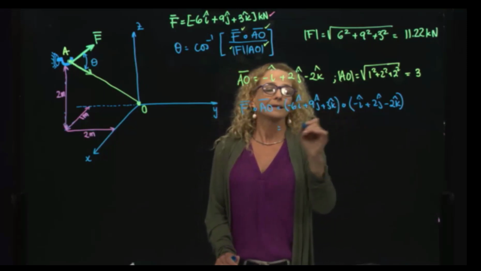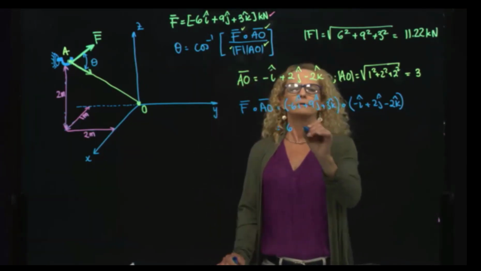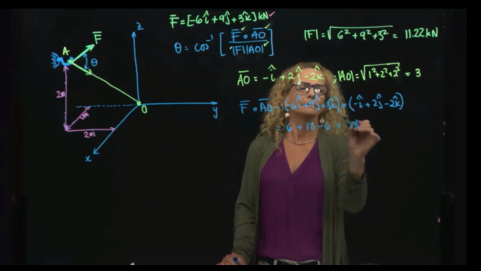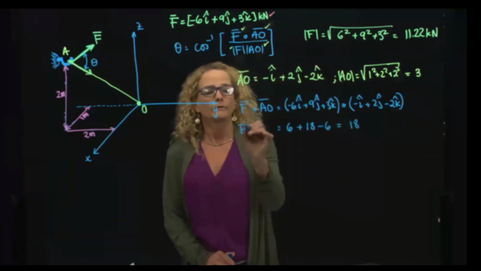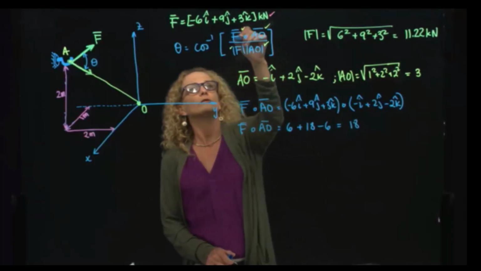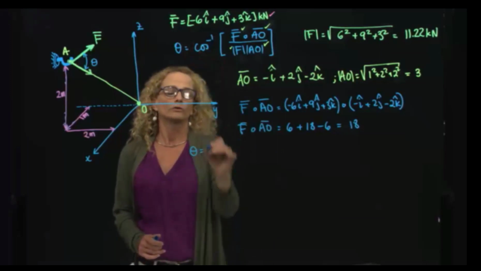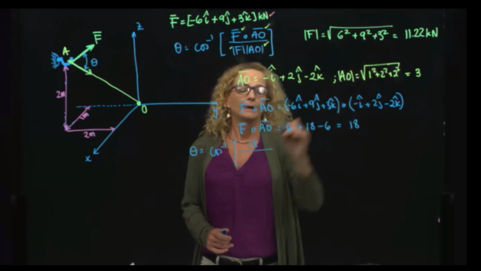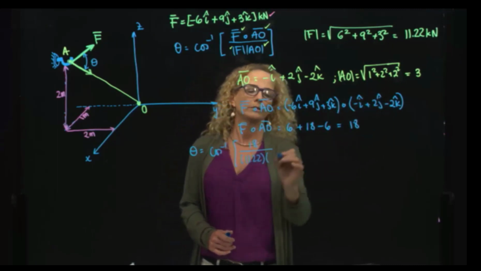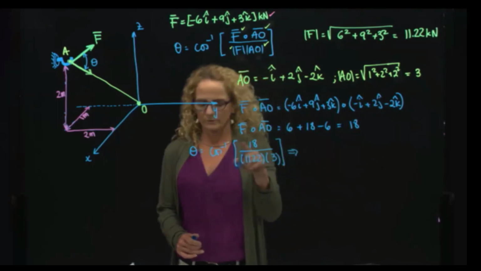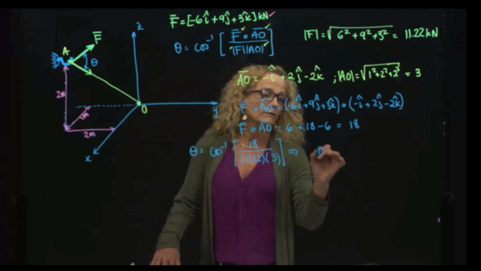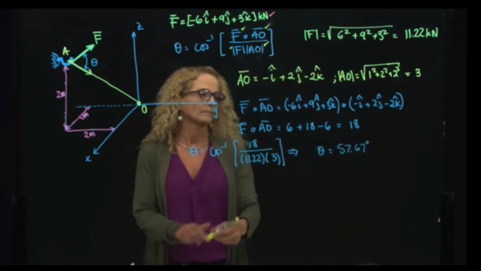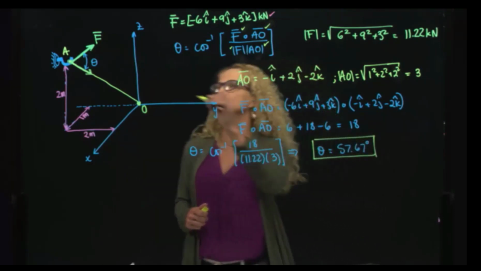Negative 6 times negative 1 is 6, 9 times 2 is 18, and 3 times negative 2 is negative 6. So that will give me 18. Therefore, finally the angle will be the arccosine of 18 divided by 11.22 times 3. And we calculate that, and I have it right here, it gives me a value of 57.67 degrees. And this is the angle we were looking for, which is this angle right here.